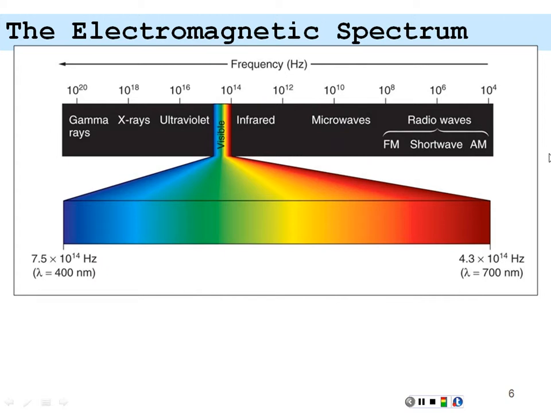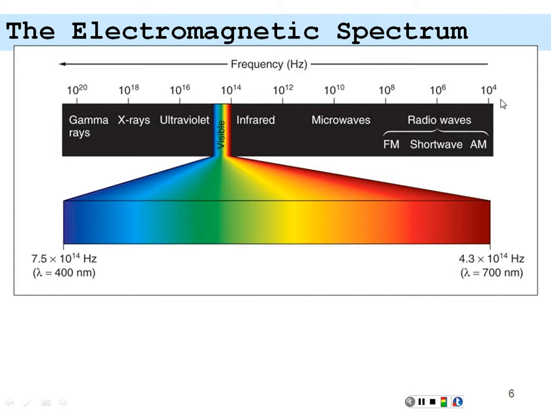The electromagnetic spectrum. When we talk about electromagnetic waves, we're talking about orders and orders of magnitude of frequency. As I look at this diagram here, we have gamma rays at 10 to the 20 hertz in frequency, all the way down to 10 to the 4. We could even go below that.